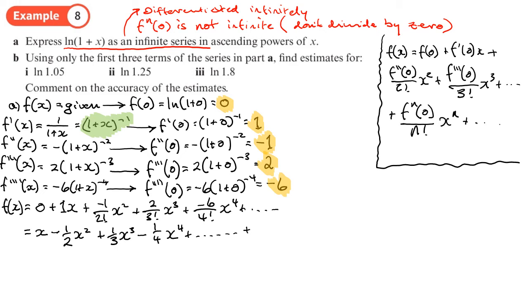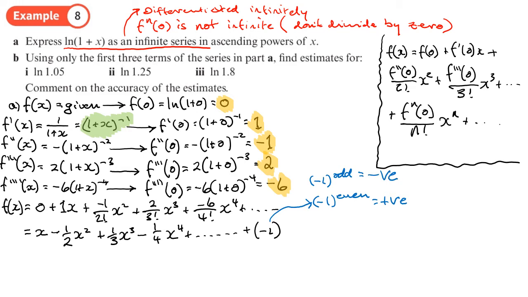So let's first of all deal with the alternating signs of positives and negatives. And the way that I can do that is to do -1 to a power. But I'm sure you already know that if you do -1 to an even power, you'll get a positive. If you do -1 to an odd power, you'll get a negative.